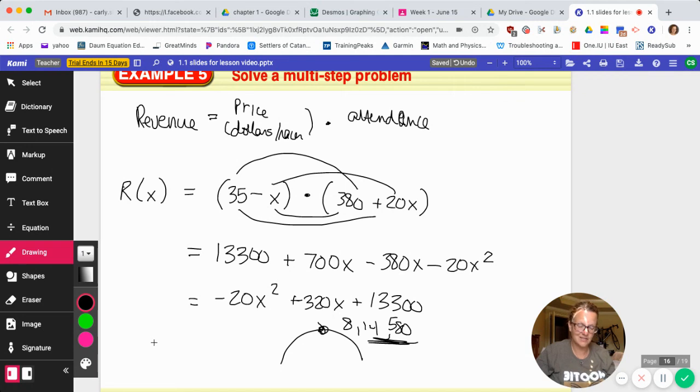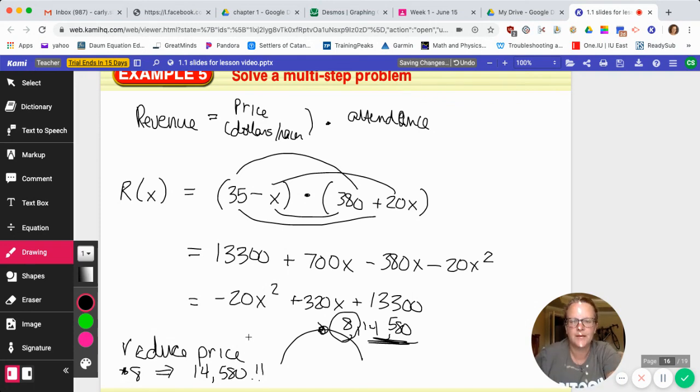The vertex means the owner should reduce the price per racer to $8, which is the x coordinate of my vertex. That means that they will make revenue of $14,580.